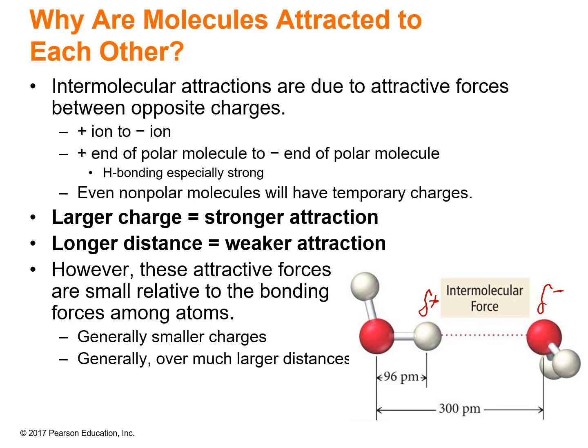And so we'll talk more about that when we talk about the types of intermolecular forces. Now, the structure of the particles determines the strength of the intermolecular forces, and those intermolecular forces determine the state of the substance. So the larger the difference in the charge, the stronger the attraction is going to be.